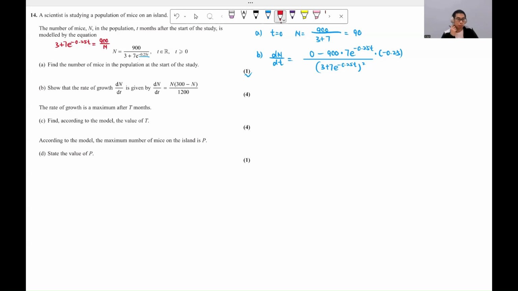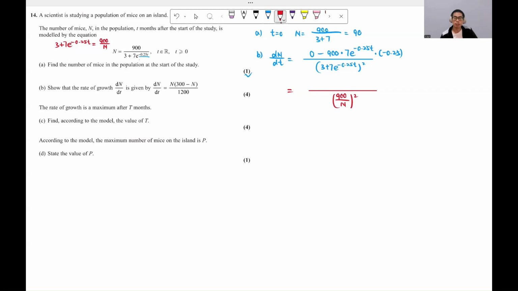Then I can change 3 plus 7e to the power negative 0.25t into 900 over n, all squared.